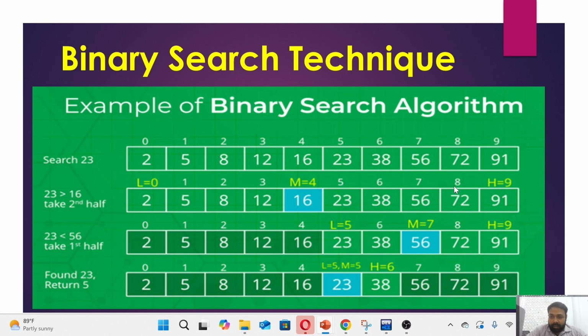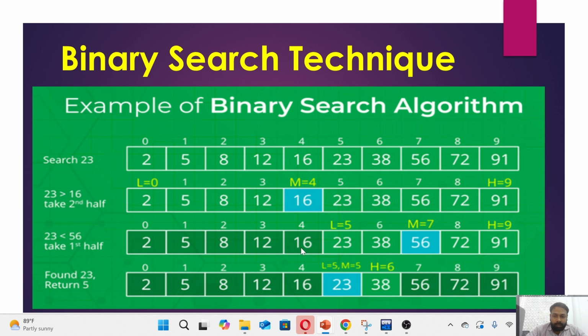Again find the mid and do the same process until you find the element. With this, each time you are excluding half of the elements in the array to be searched, so that the searching process becomes easy.